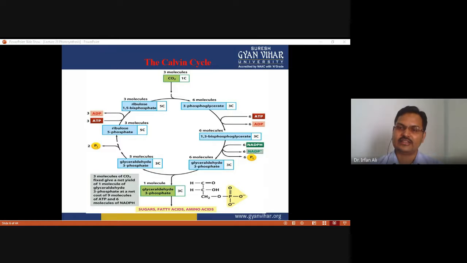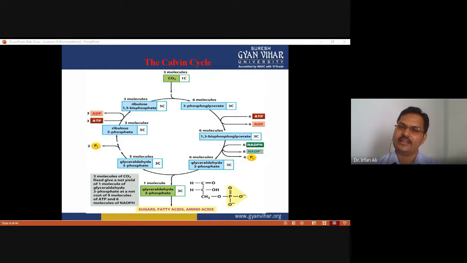The energy released during the hydrolysis of ATP is utilized for the conversion of 3-phosphoglycerate into 1,3-bisphosphoglycerate. This molecule is also three carbon but has two phosphate groups, which is why it is named bisphosphate. So there is no change in the number of carbon, but one phosphate group is added.